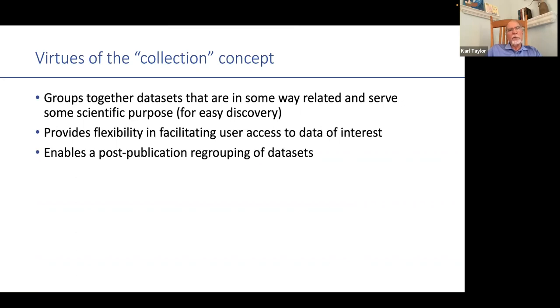We can make collections one of the search facets, for example, so that we can expose a smaller collection than the 200 odd experiments to users who have an interest in them. It also provides flexibility and, as I said, user access, and we would need to enable the capability to regroup data sets after publication.